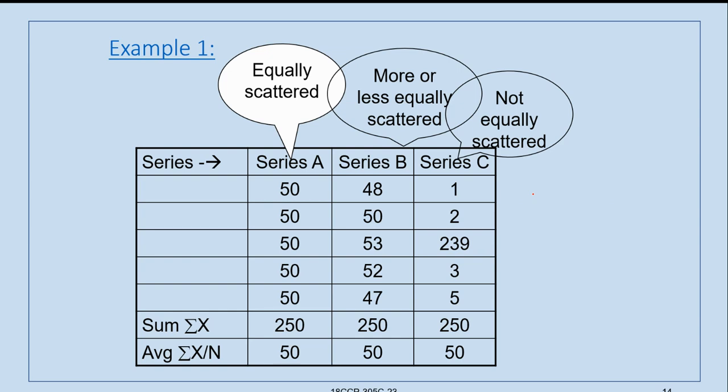In series B, the numbers are more or less equally scattered because the highest number is 53 and the lowest number is 47. So they are almost equally scattered.